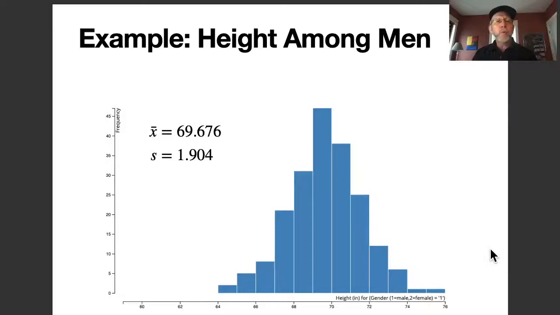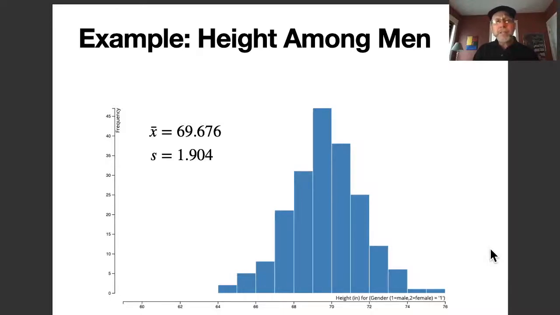It turns out to be 1.904. The units of height here are inches, and so the units of standard deviation are inches. The standard deviation is about 1.9 inches. So we could say that in this sample, men on average had a height of around 69.7 inches, but it varied with a standard deviation of about 1.9 inches.